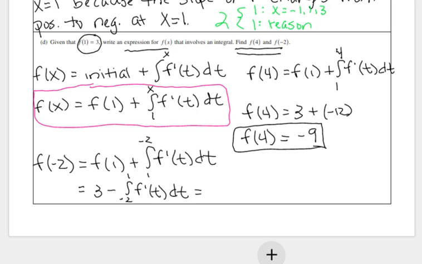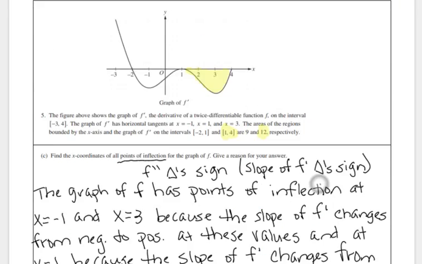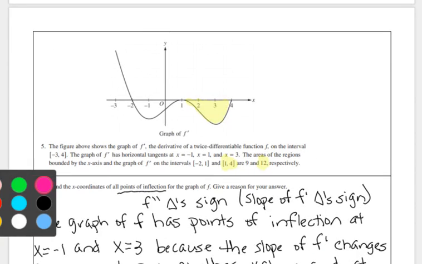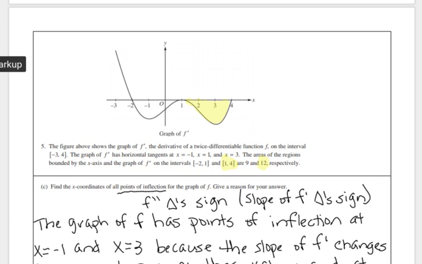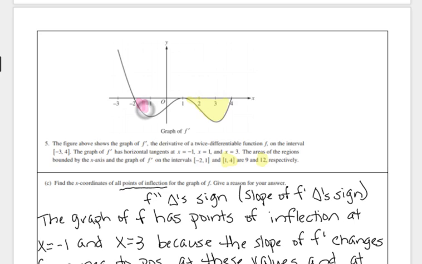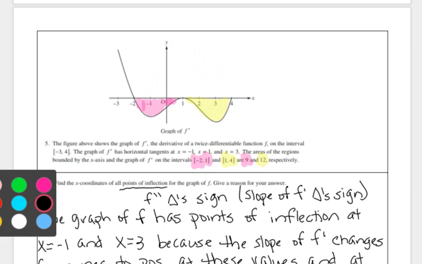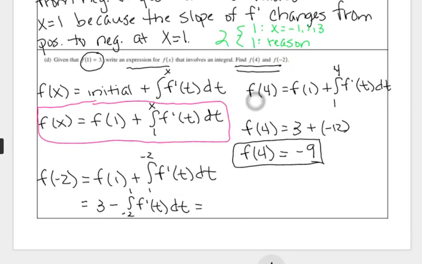So now I need the area between negative 2 and positive 1. So let's see. Negative 2 and positive 1. We can see again that's below the x-axis. They did give it to us though. Negative 2 to 1 is 9. And because it's below the x-axis, we do need to say that it's negative 9.